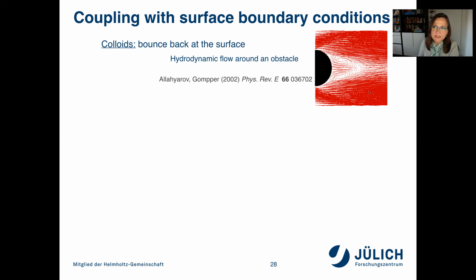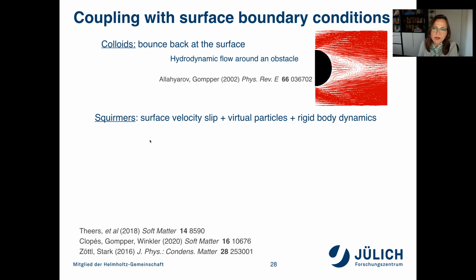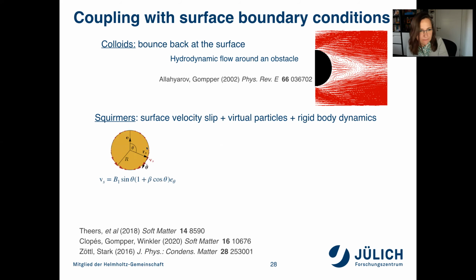But this has also been used to simulate active matter with squirmers, in which the velocity around the colloid is very particular. Here you know that the squirmer velocity has a slip around it that depends on the angle. So it's propelling in a certain direction, and depending on the angle, the flow slips more or less.